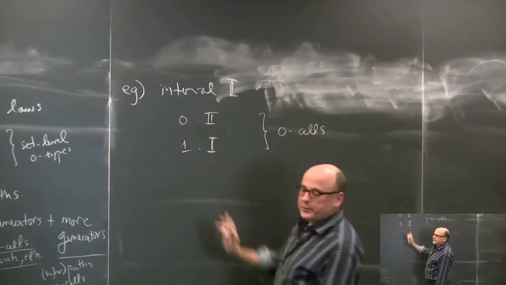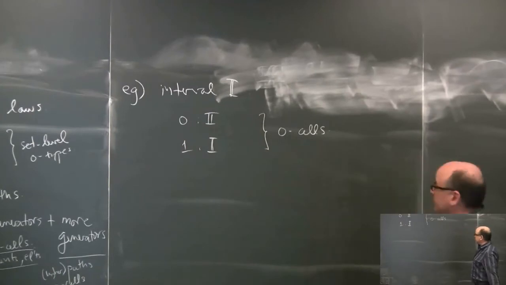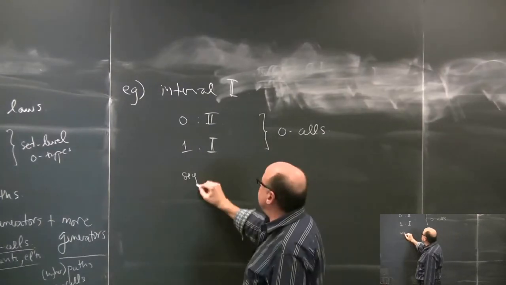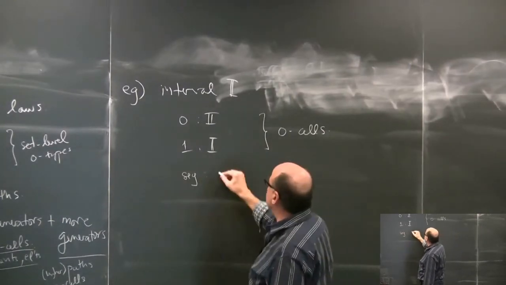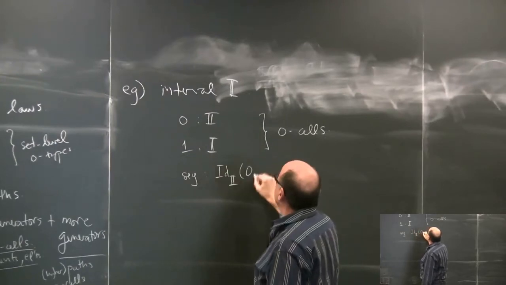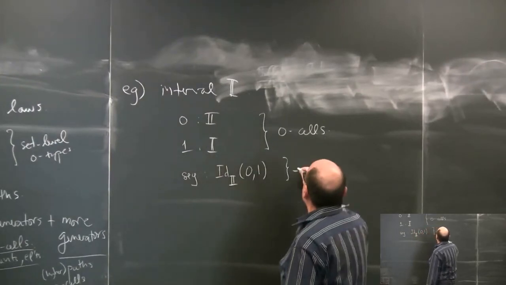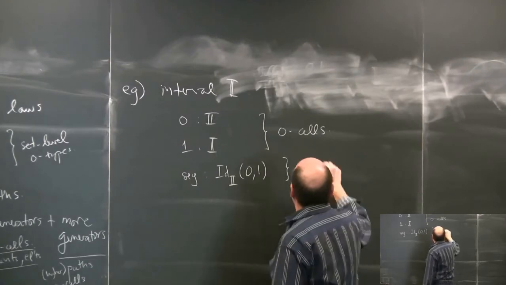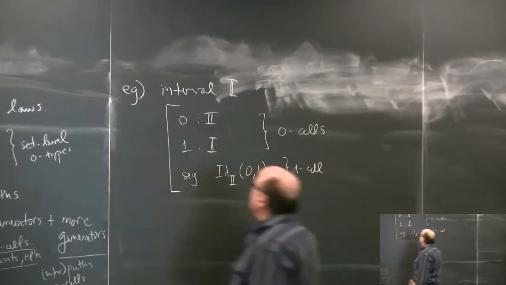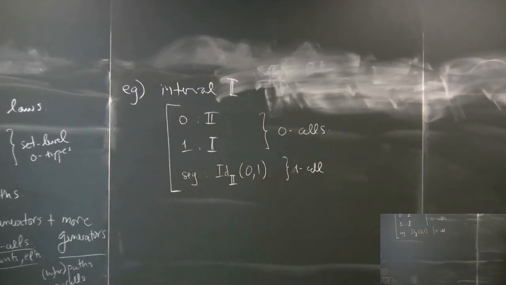We could have called them anything we wanted, of course, but it's conventional to call them 0 and 1. And then in this case, we have one cell where we say, well, in addition, there was something called seg, which is in the identity type for I between 0 and 1. And this is our 1 cell. And then we draw a line around this. We say, okay, that constitutes the definition of the interval.